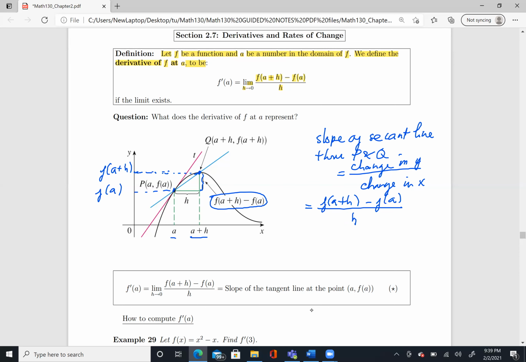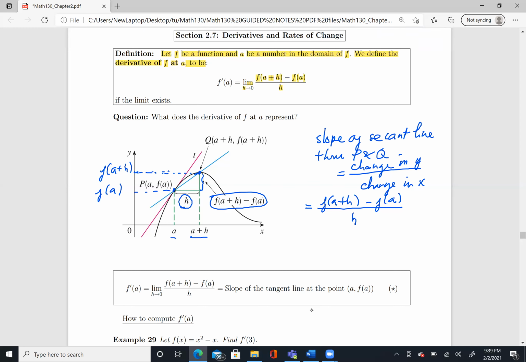All right, that is the slope of the secant line going through P and Q. What about at point A?